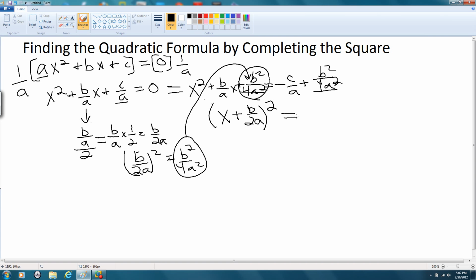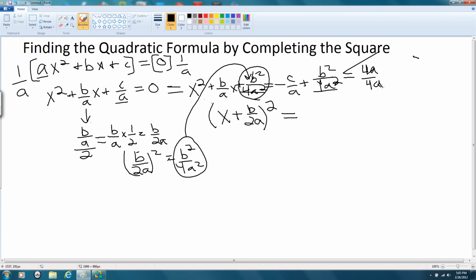Now all of this over here is pretty messy looking, so we're going to change it. We're going to change this by multiplying the c over a by 4a over 4a.